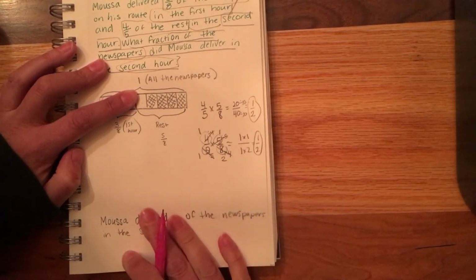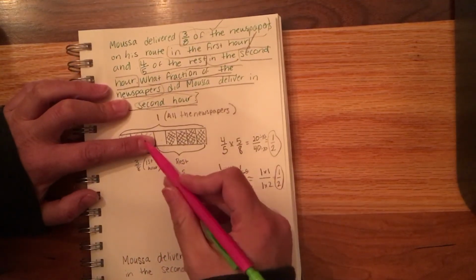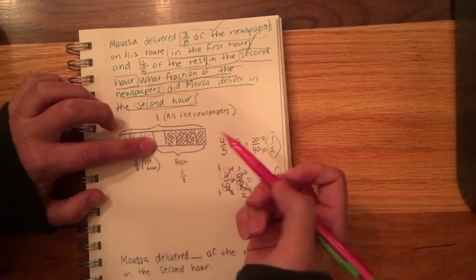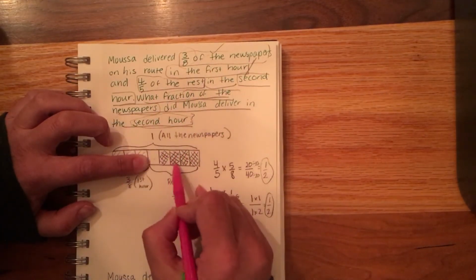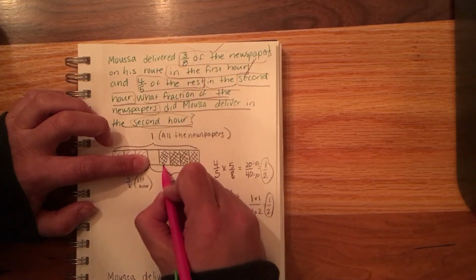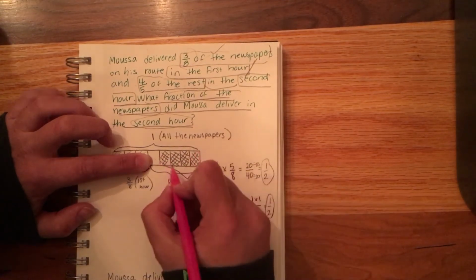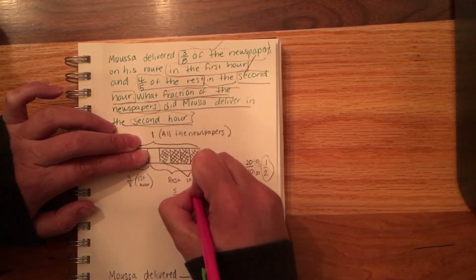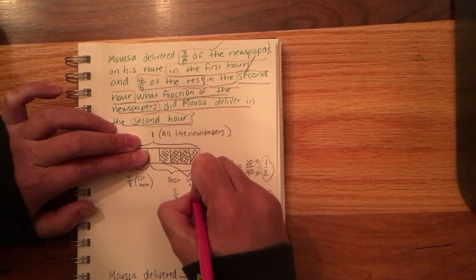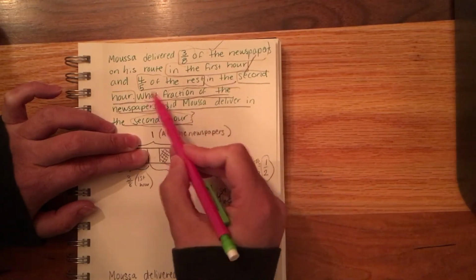Now, another place where we can see that 1/2 is when I uncover this part of the tape diagram. So we talked about how 4/5 of the rest were delivered in the second hour. So this part here, these 4 out of 5 pieces there, I can just grab those double shaded pieces, and I'm going to label that second hour. Okay, so that was 4 out of 5, 4/5 of the rest.